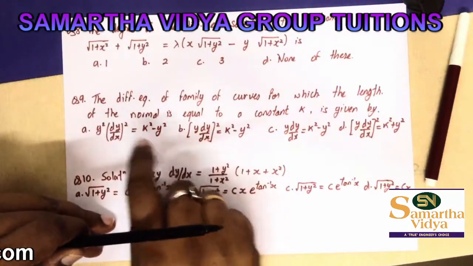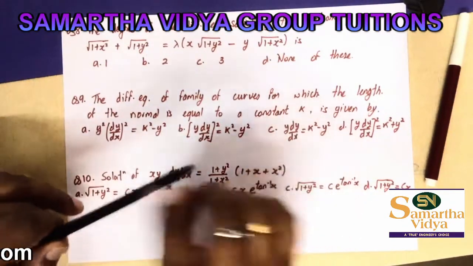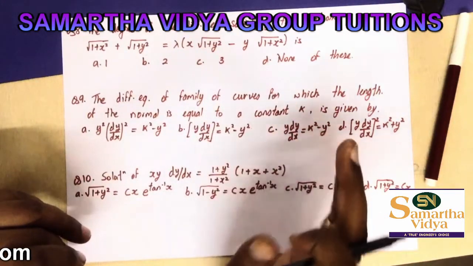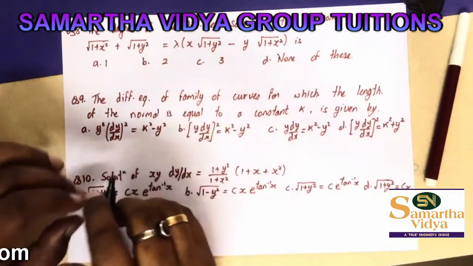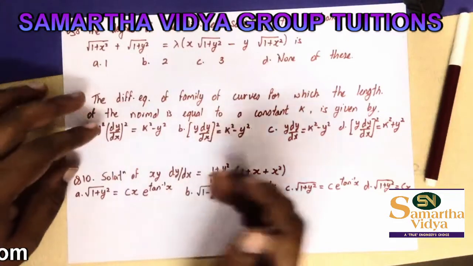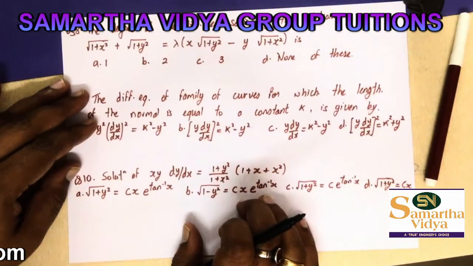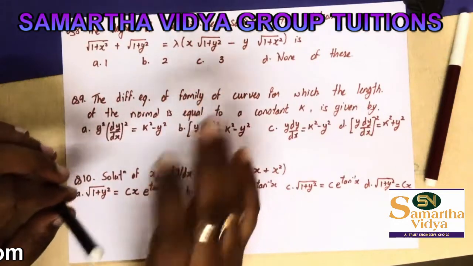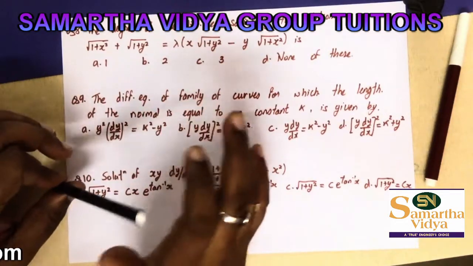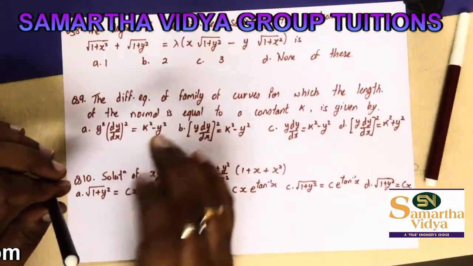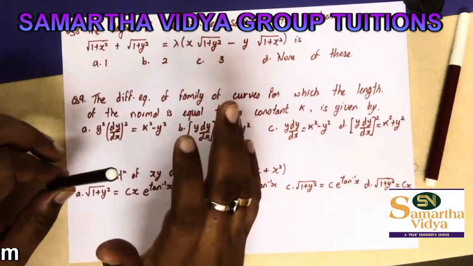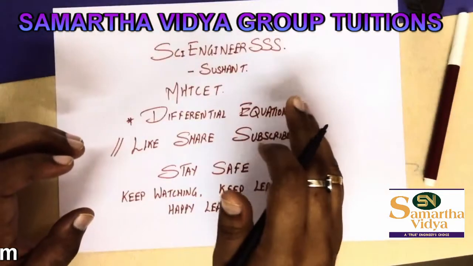The next one asks you to find the differential equation for a family of curves for which the length of the normal is equal to a constant k. And the next one is asking you to solve the equation. The solution for this will be provided in the next video, which is also going to be related to differential equations.